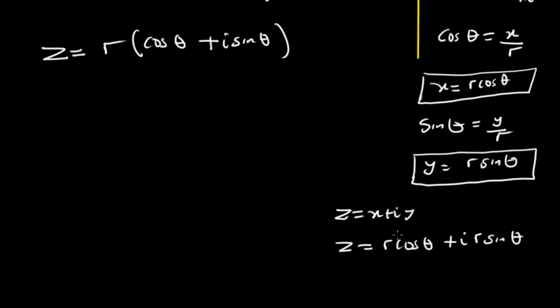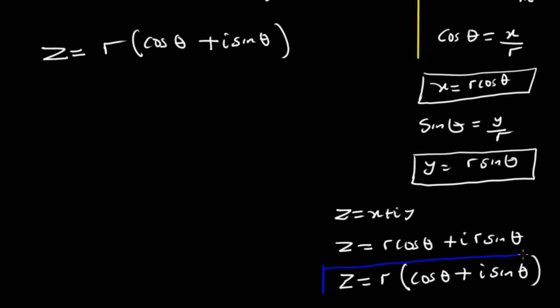Since we have r as a common term, we can factorize r out, and we have r into bracket cos theta plus i sin theta. So this is the proof for the polar representation of our complex number. z equal to r into bracket cos theta plus i sin theta.